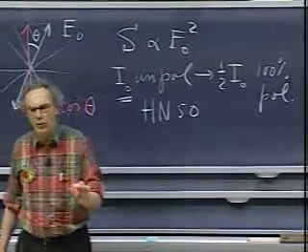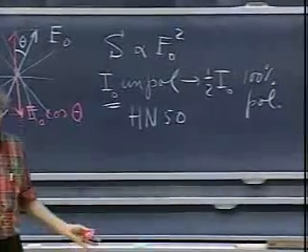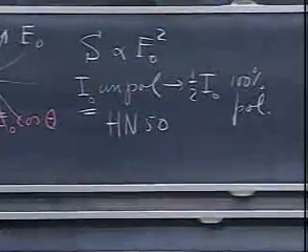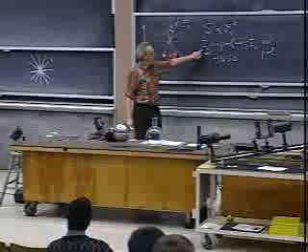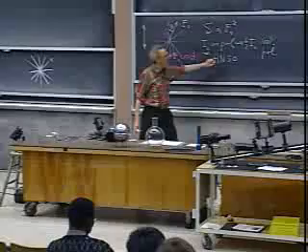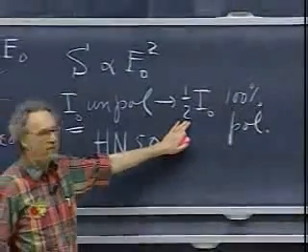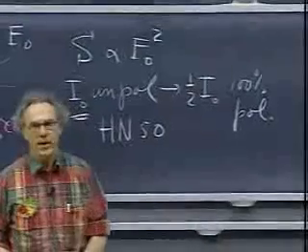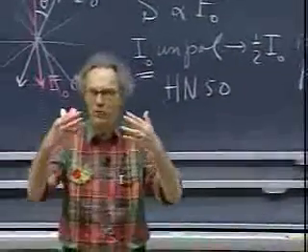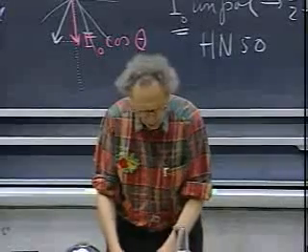I don't quite know what yours is. I didn't measure it. Yours may be an HN25 or maybe an HN30, which would then mean that the strength of an unpolarized light beam would not be half of I0, but maybe only 0.25 or 0.3. But in any case, the light that will come through your linear polarizers will be very closely to 100% polarized.